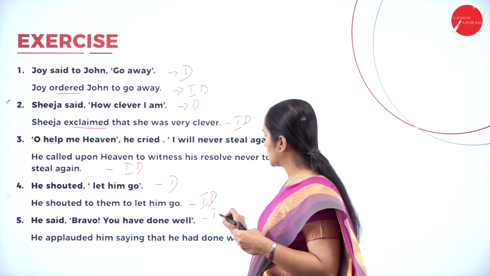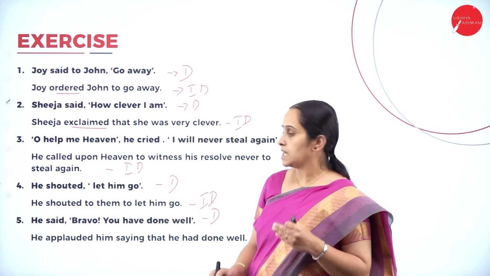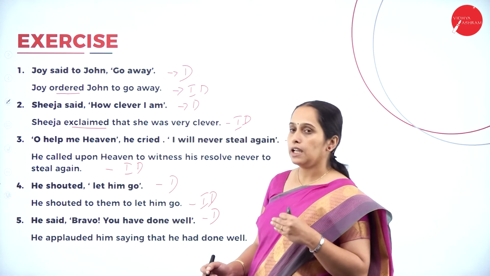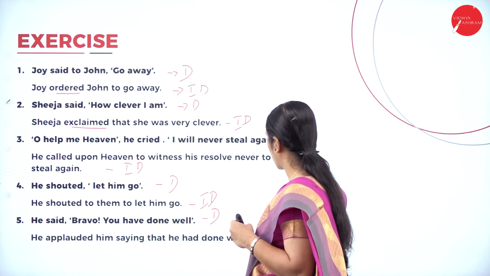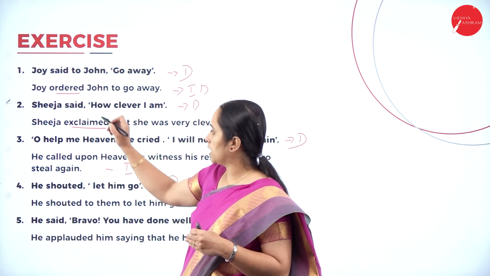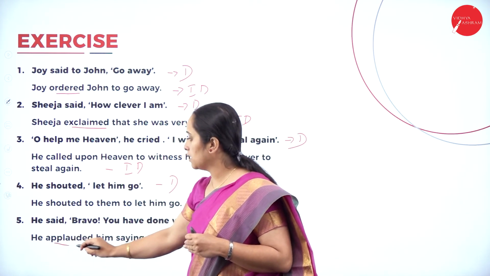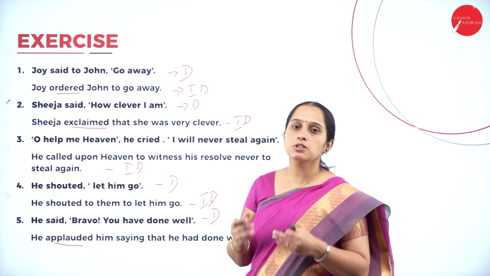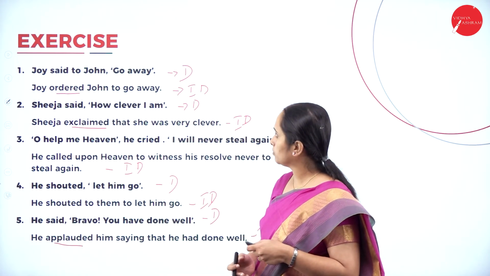So, this is direct speech. He applauded him, saying that he had done well. So, this is indirect speech. Here you can use words like ordered, exclaimed, and then applauded. All these words you can use when you change into indirect speech.